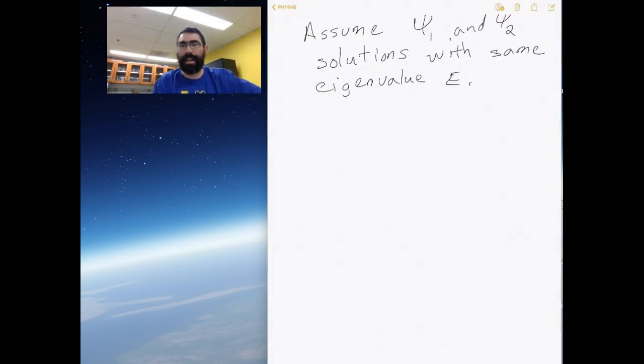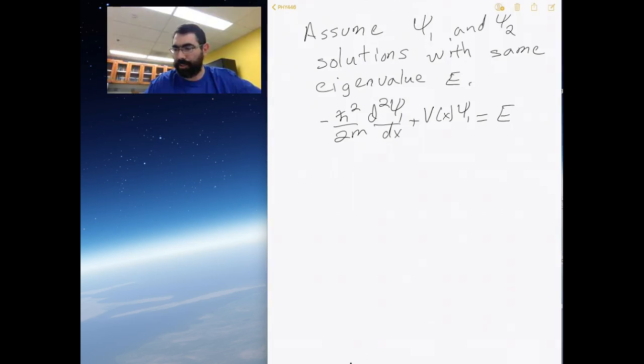Well, if it has the same eigenvalue problem, then we can write down the Schrodinger equation: minus h bar squared over 2m, second derivative of the wave function with respect to space, plus potential energy times the wave function is equal to the eigenvalue, in this case the energy, times the wave function.